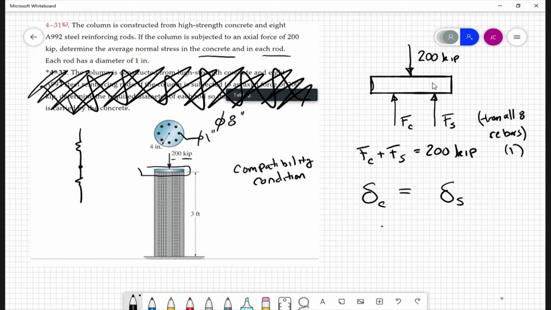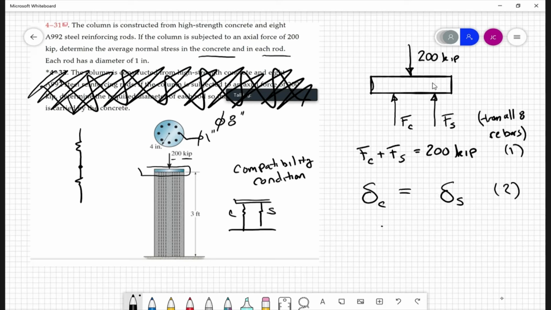In this case, the elements are in parallel. We don't know what the displacement is, but the concrete and the steel have to displace by the same amount. So here is our second compatibility condition.